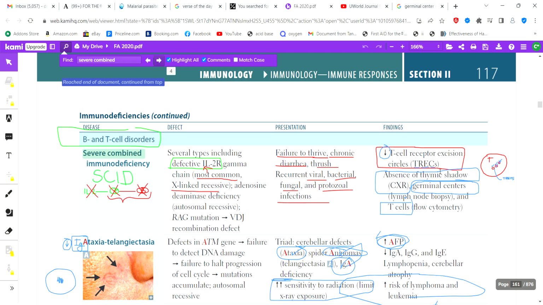Okay, so there are several types of SCID, including defective IL-2R, the IL-2 receptor defect.